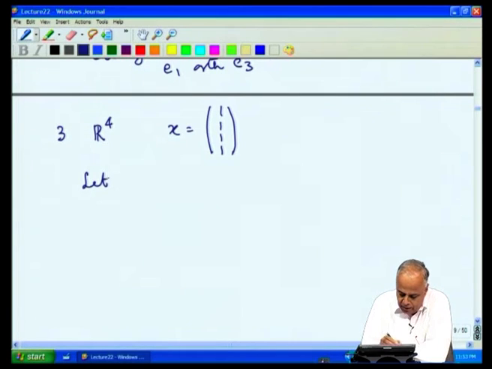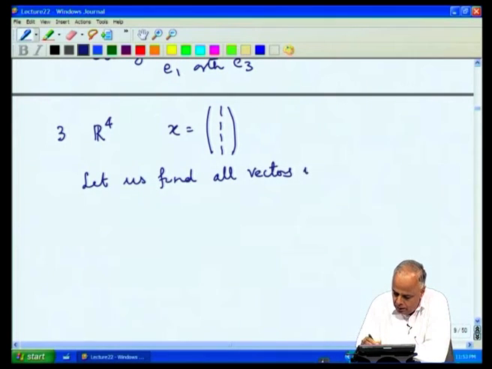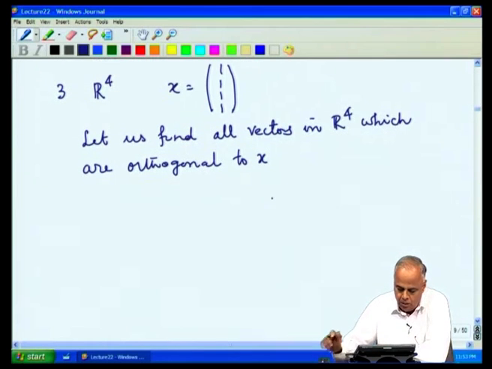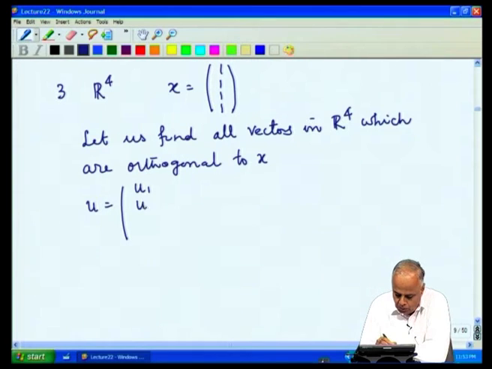So, let us find all vectors in R^4 which are orthogonal to x. Let us take a vector say u which is (u_1, u_2, u_3, u_4).